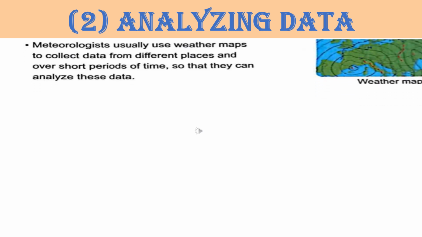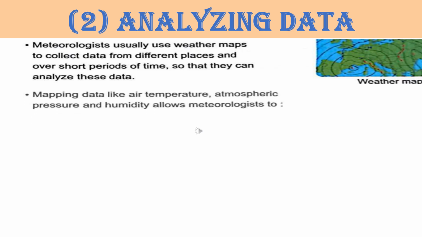After that, they analyze the data, as meteorologists usually use weather maps to collect data from different places and over short periods of time so that they can analyze these data.